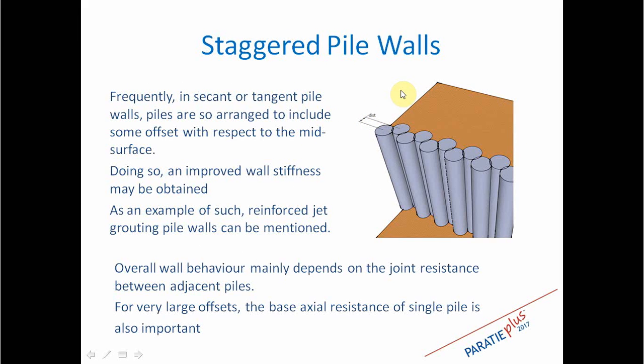From the mechanical point of view, in our opinion, this kind of Larsen wall may be considered very similar to what happens when you build a tangent or secant pile wall and you provide some offset in the normal direction to the wall midplane in order to provide some additional stiffness of the pile wall.